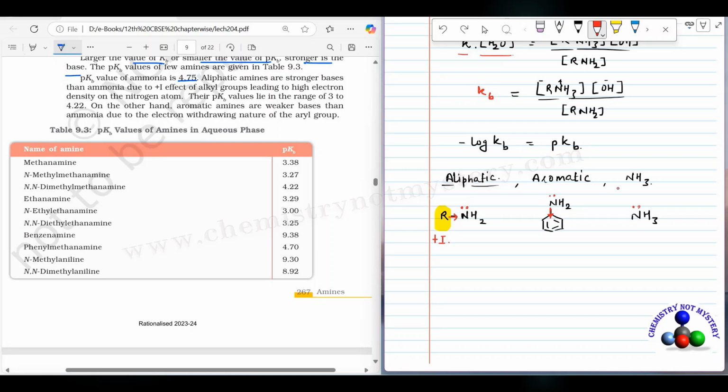That's why ammonia is less basic than aliphatic amine, and aromatic amine will be the least basic. So you can summarize: aliphatic amine will be most basic among them, aromatic amine will be least basic among them, and ammonia comes in between aliphatic and aromatic amine.